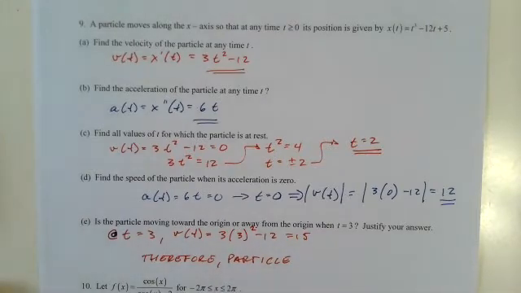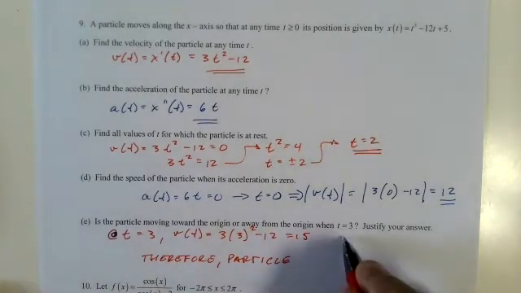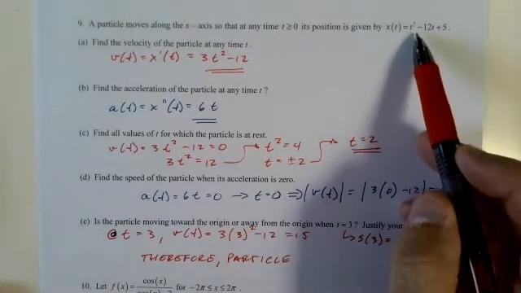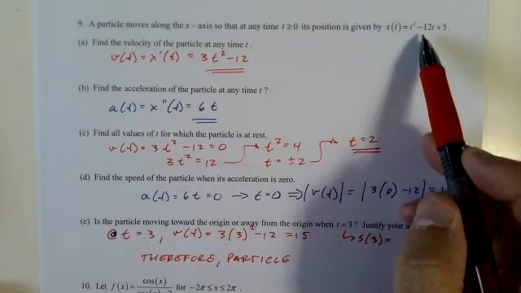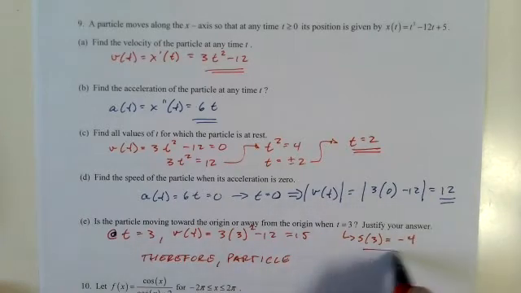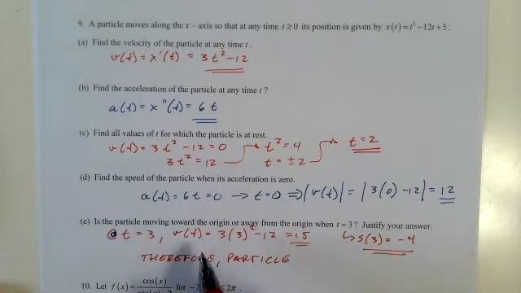Well, it's moving to the right at the time, but I don't know if it's at the origin or not. Let's check. What's s of 3? 9 times 3, 27 minus 36 is negative 9, plus 5, negative 4. So that means it's left of the origin and moving to the right.